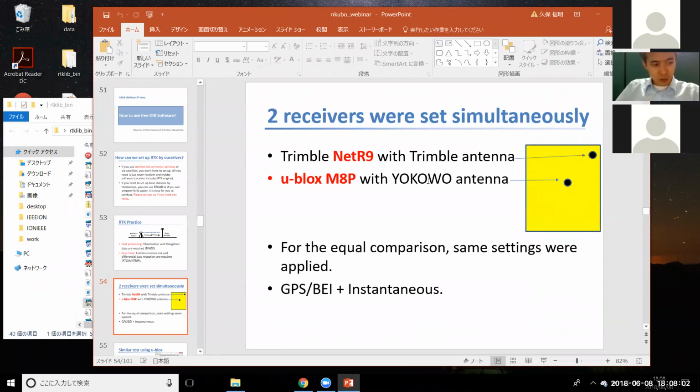It's a very small patch antenna, 2 centimeters, and a Trimble antenna. For an equal comparison, the same settings were applied: GPS plus BeiDou, instantaneous mode. I am going to introduce the difference between instantaneous, continuous, and fix and hold later.